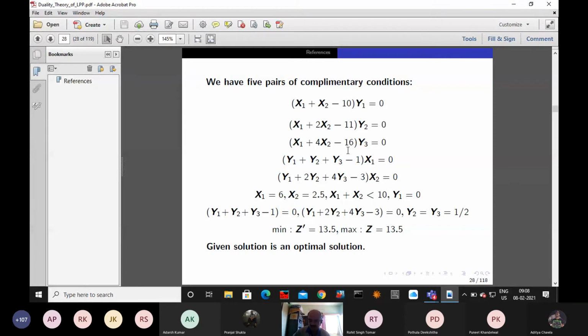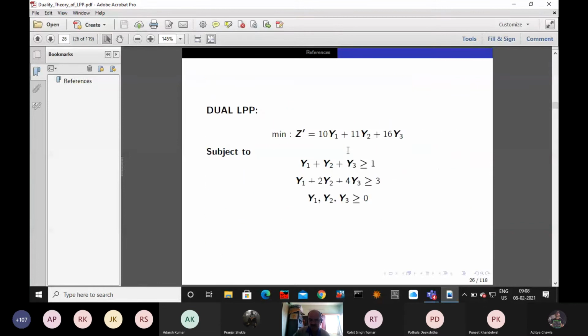How? Taking the half values, you see 10y1 plus 11y2 plus 16y3, with y1 equal to 0, is 11y2 plus 16y3. So 11 plus 16, how much? 27 into half, 27 by 2.